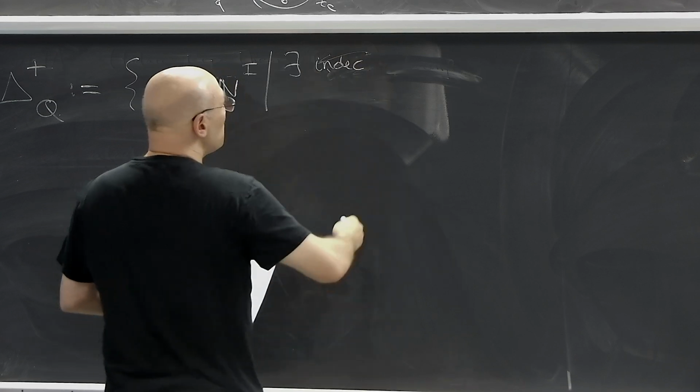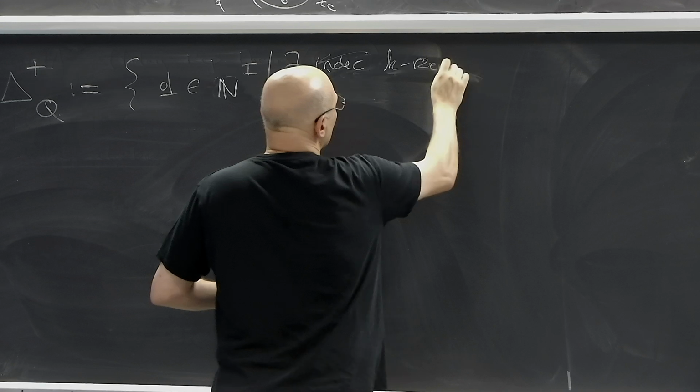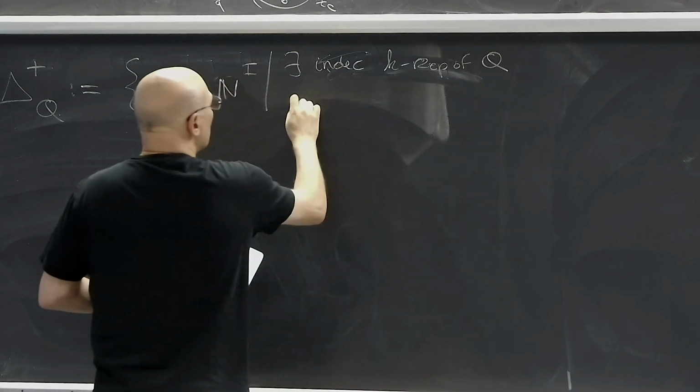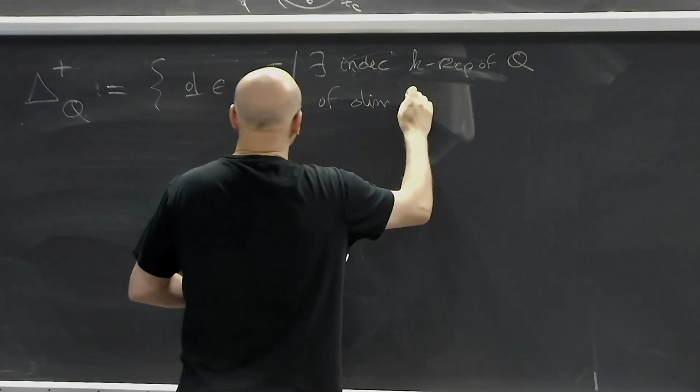There exists an indecomposable k representation of Q of dimension, by which I mean the class in the Grothendieck group, d.